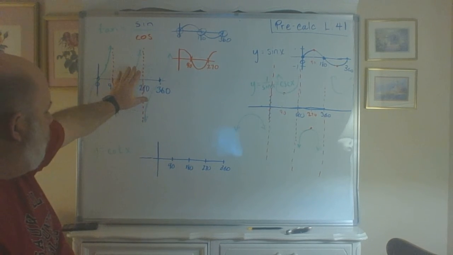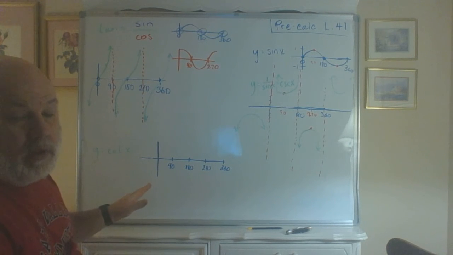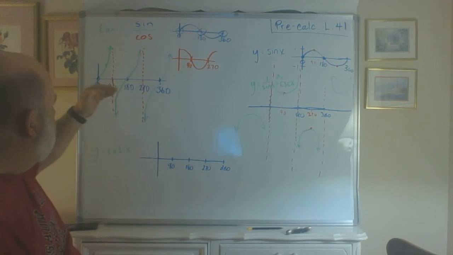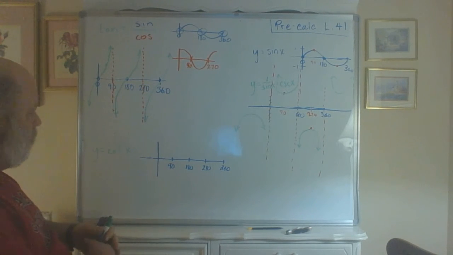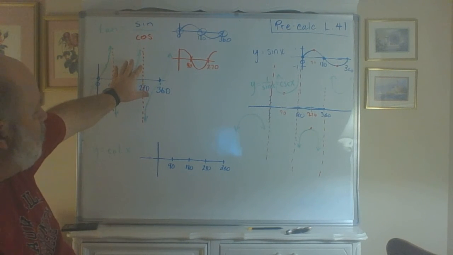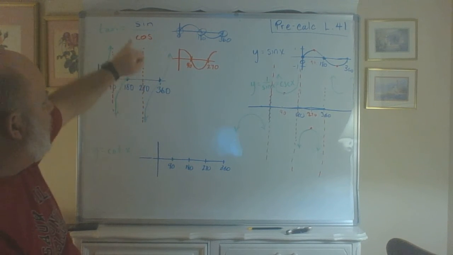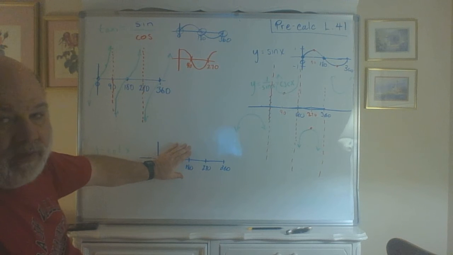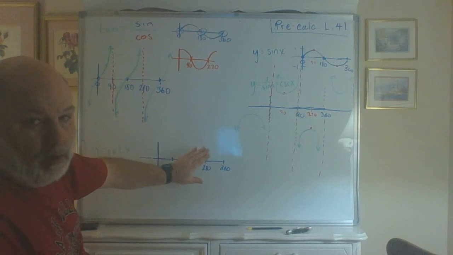Here's a tangent function. Cotangent is the reciprocal function of tangent. Cotangent is 1 over tangent. So, here is my tangent function. The reciprocal function, wherever there's a pole in this one, we'll get a 0 in this one. Wherever there's a 0 in this one, we'll get a pole in this one.